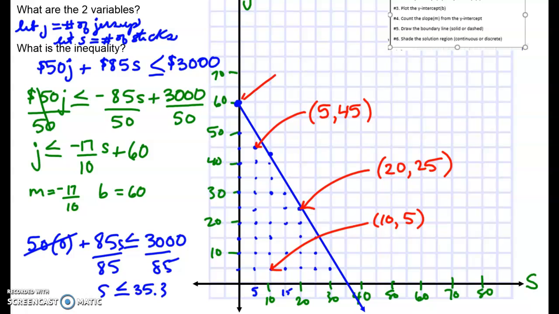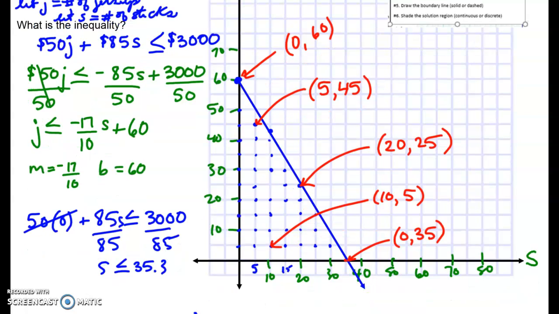We could also buy just a whack load of jerseys. We could buy 0 sticks and 60 jerseys. Here, that point was inside, was 0 and 35. That would be buying all sticks and no jerseys.